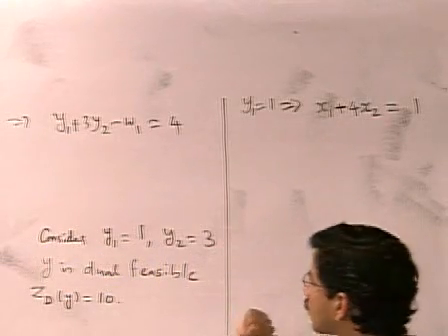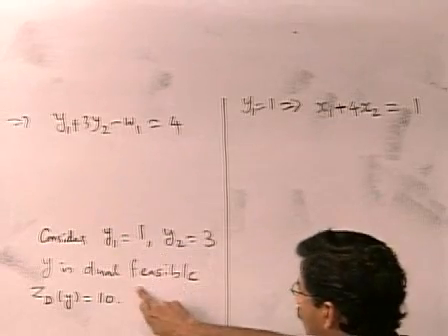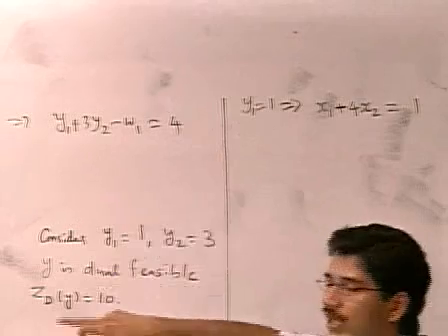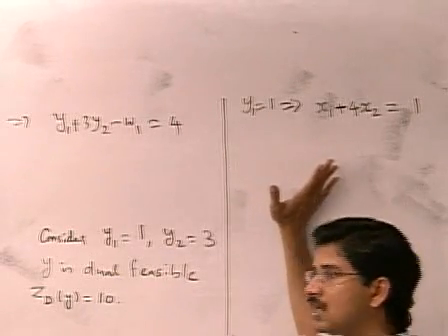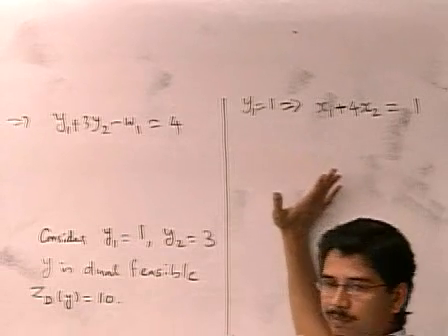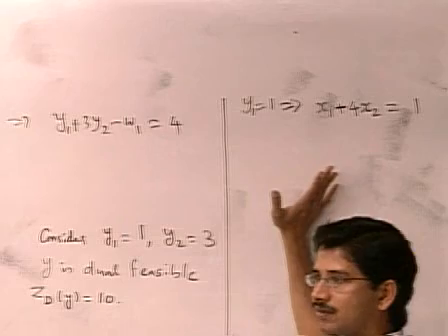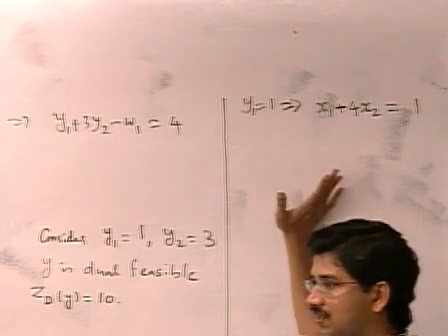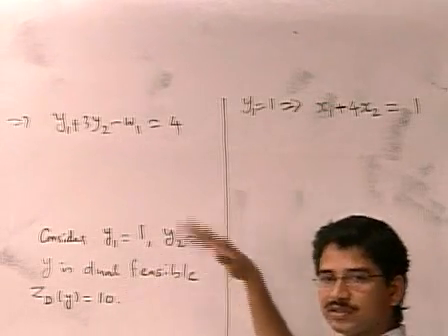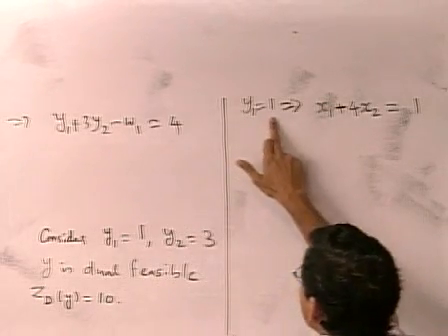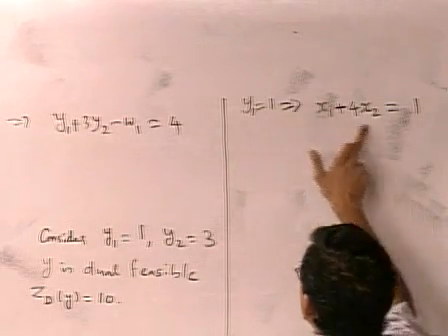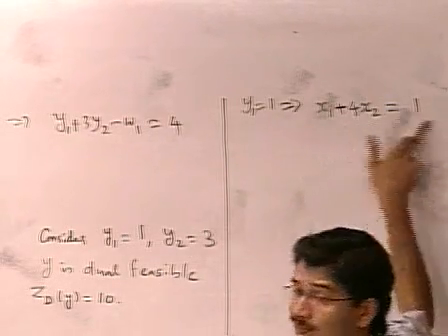So whenever you have a dual feasible solution, if you use the equations to find an x that happens to be feasible for the primal, then because the CS conditions are satisfied and you have feasible solutions, you have optimal solutions. So y1 is 1, then the CS condition implies that this must be true.